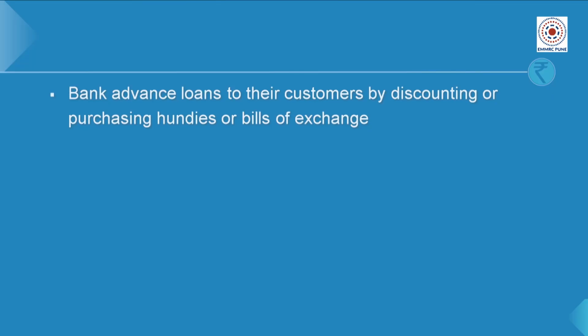Similarly, banks advance loans to their customers by discounting or purchasing hundis or bills of exchange. For example, if a bank purchases bill of exchange of 50,000 from Pratik, then bank will issue a check in favor of Pratik, who will deposit the check in the bank in which he has an account.